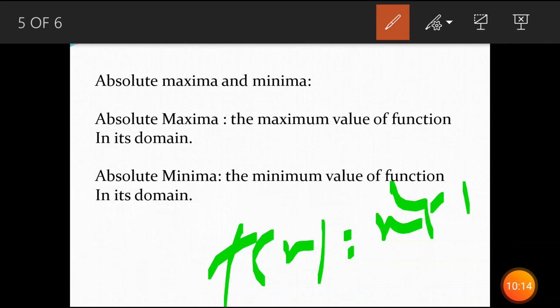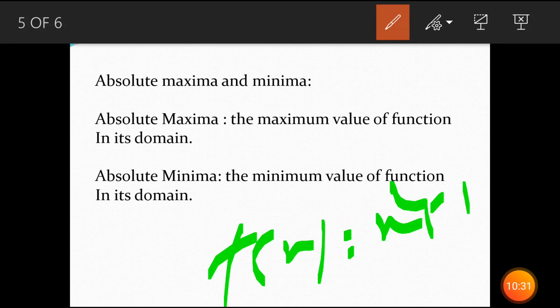For that we need the derivative test. So in the next video I'll discuss the derivative test and other concepts related to maxima and minima. It's a very wide topic, so obviously we need many videos to clear your concept.